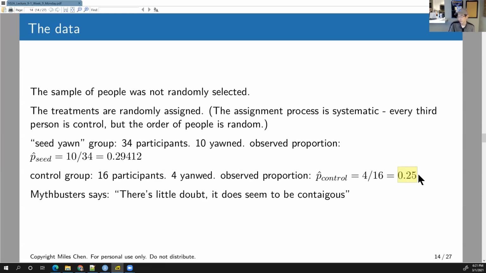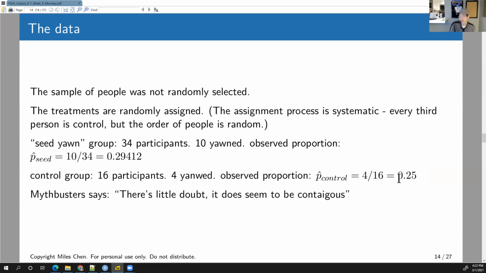At the end, the narrator says, you know what, this was our biggest sample. The difference isn't dramatic, but it does seem to influence, and they're saying that this number, 29.4%, 0.294, is greater than 0.25, and therefore that indicates that yawning is contagious.